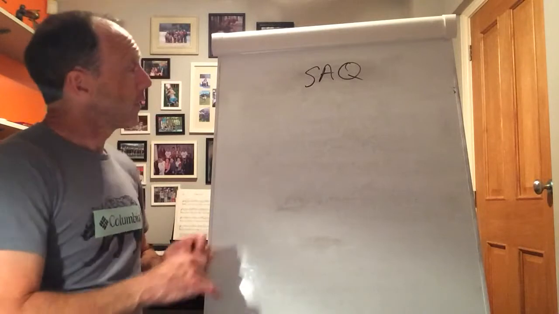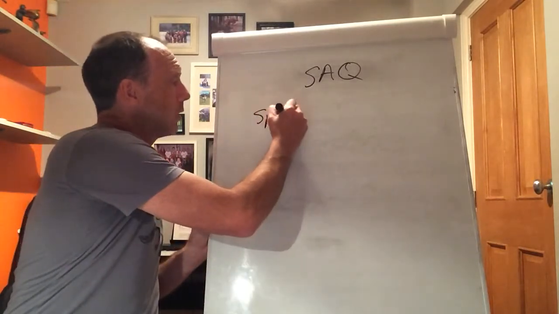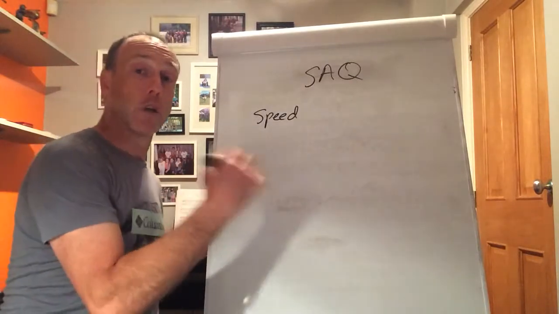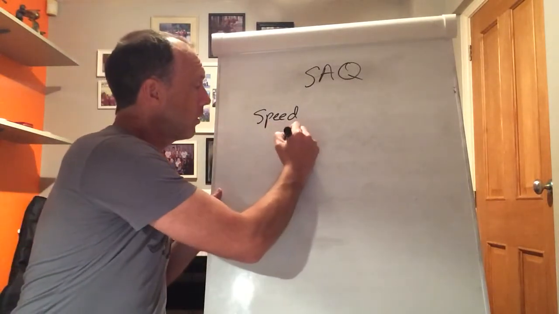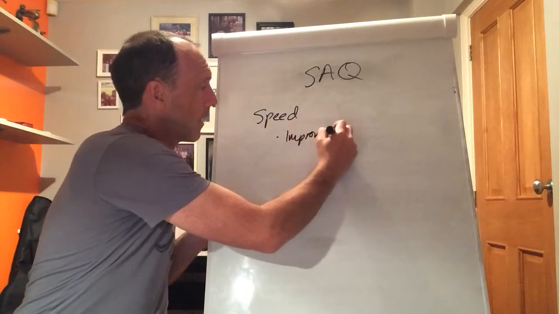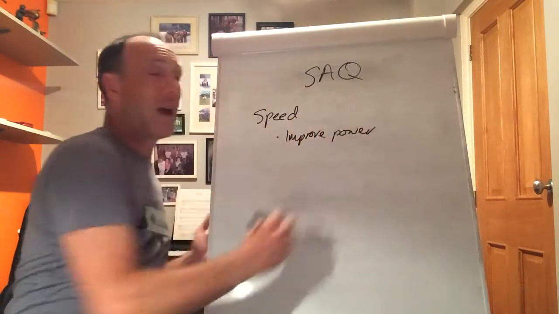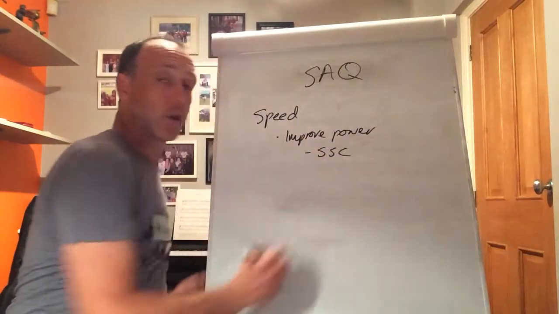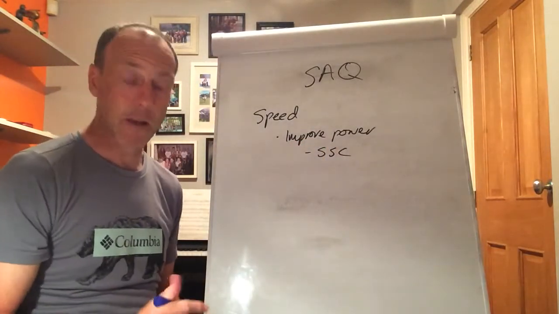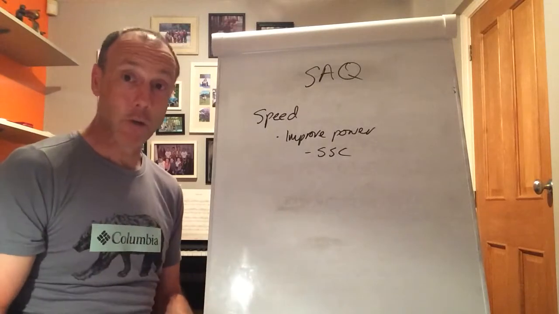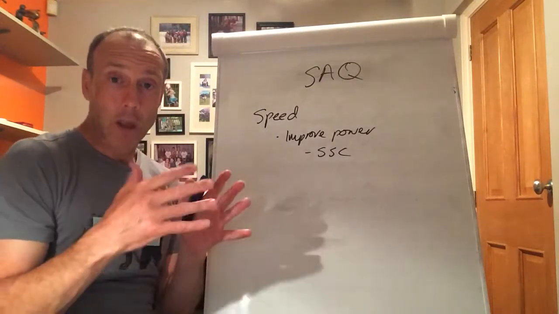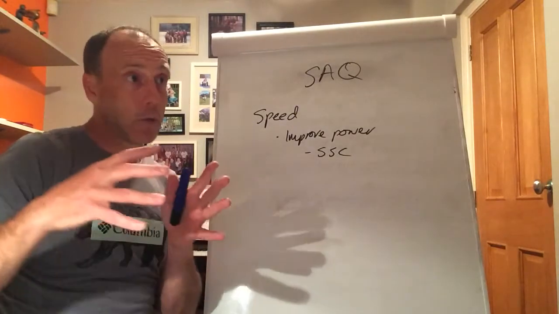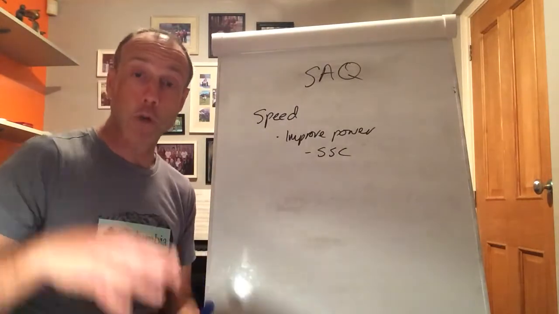So first and foremost, we're going to look at how SAQ attempts to improve speed, and it attempts to do it in 2 ways. One, improve power. And this is where it takes advantage of the stretch shortening cycle that we see in plyometrics. Okay, so how does it do that? Well, SAQ, in the use of hurdles and ladders, is essentially attempting to increase the amount of force you can apply on the ground.